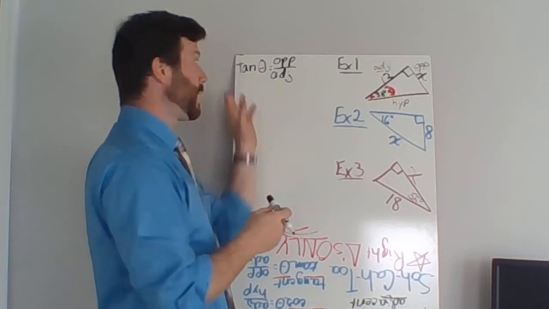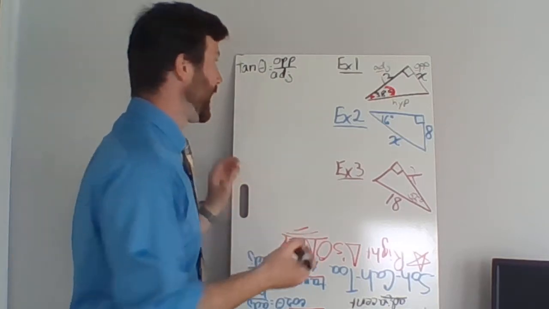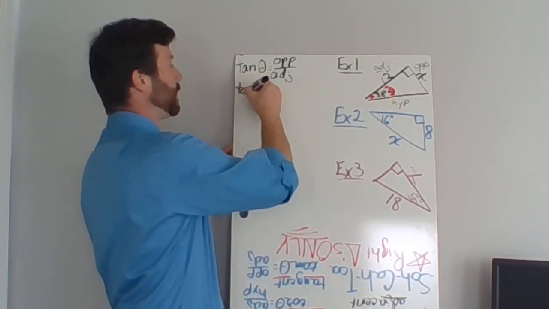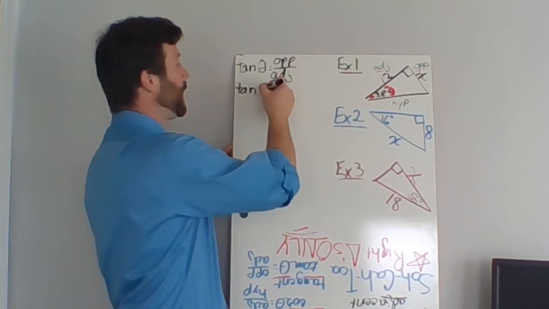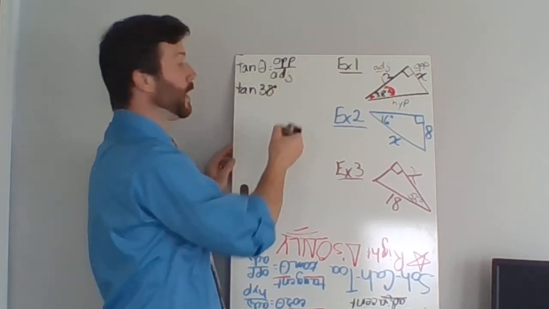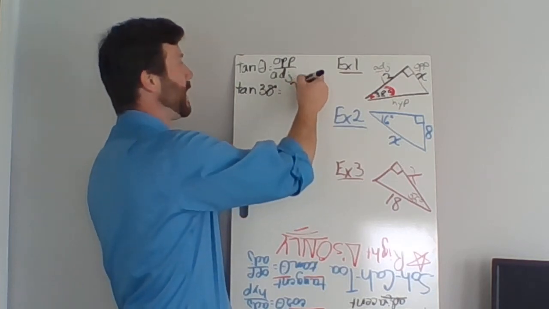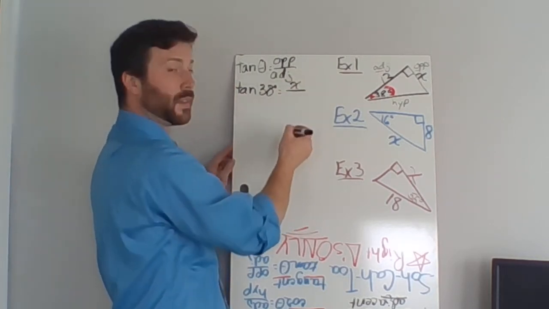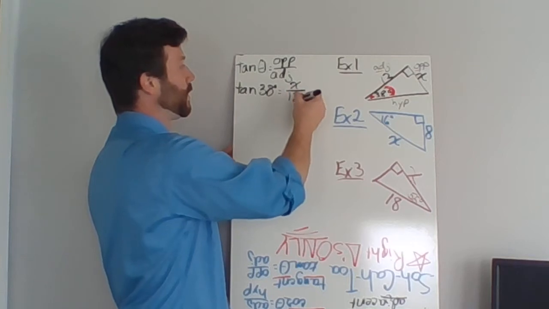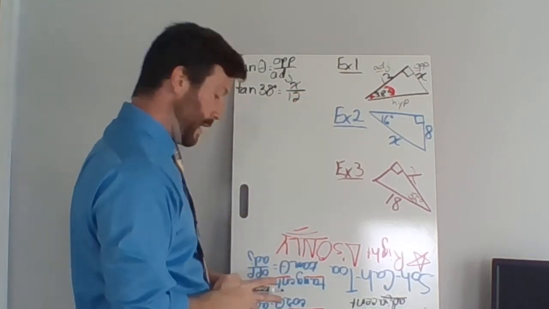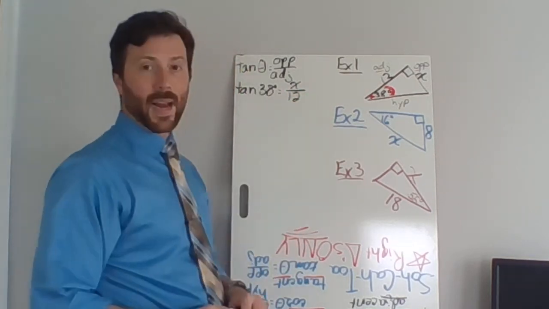Then I'll take this and I'll sub everything that I can in. So the tangent of 38 degrees is equal to the opposite x over the adjacent 12. Now next step, I want to solve for x.